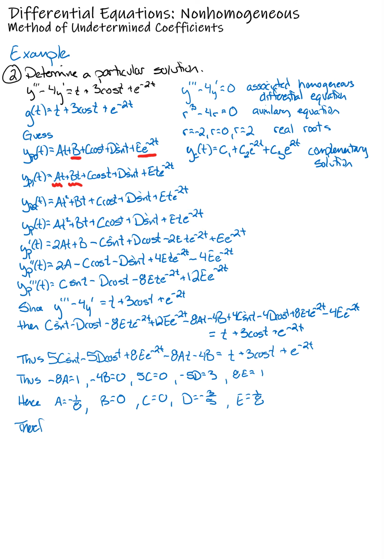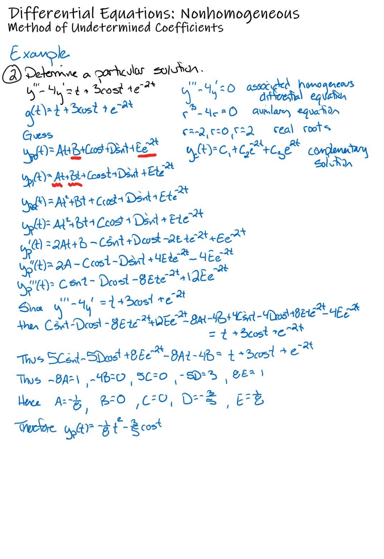Therefore, y sub p of t is equal to negative 1/8 t squared. The t term is 0. The cosine term is 0. The sine term, we have minus 3/5 cosine t.